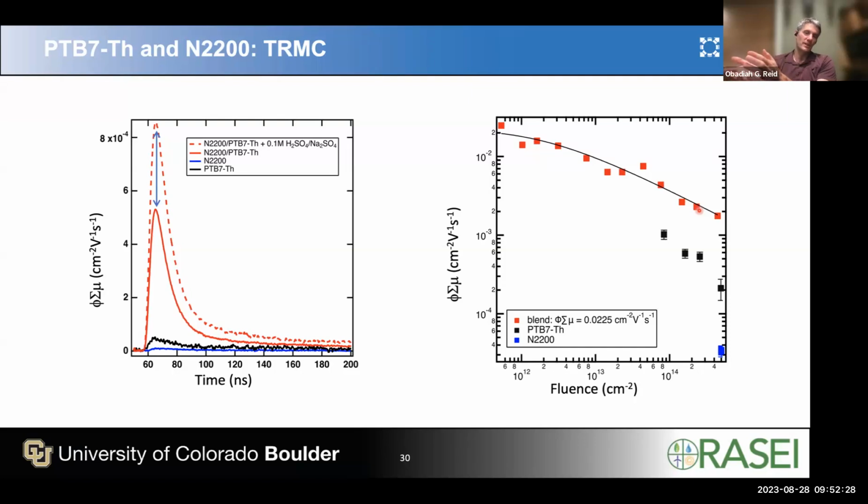The reason that that's relevant here is that if what changes in your system is the yield, then this low fluence point gets higher, but this also gets steeper because you've got more charges and that exciton charge quenching process becomes more efficient. Whereas if it's just a change in mobility, all that happens is this curve just shifts up or shifts down, depending on what's happened.